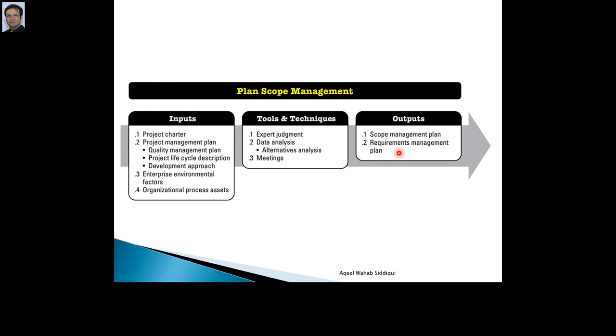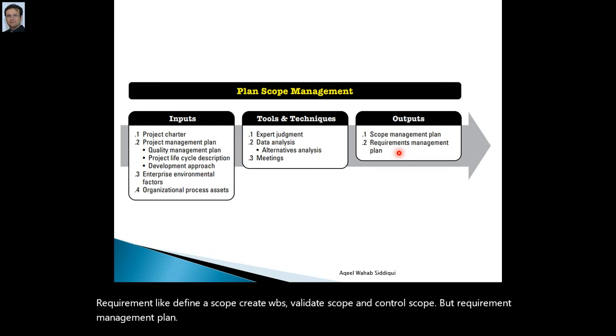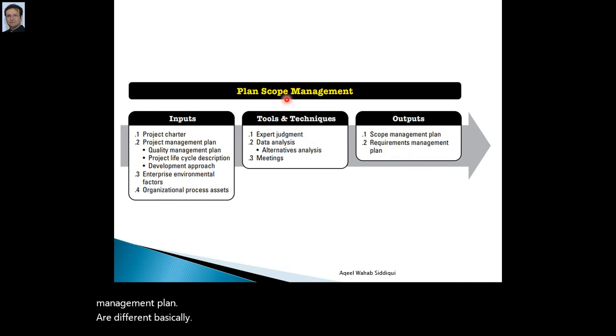So these two documents are different basically. So plan scope management takes the project charter and project management plan, and these are the skills, tools, and techniques which, as a project manager, you will use to produce these two documents.